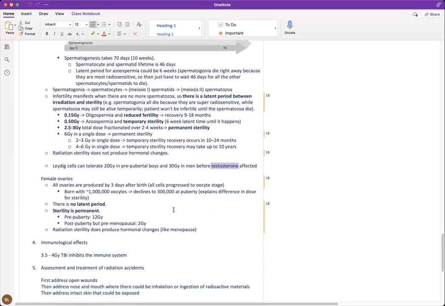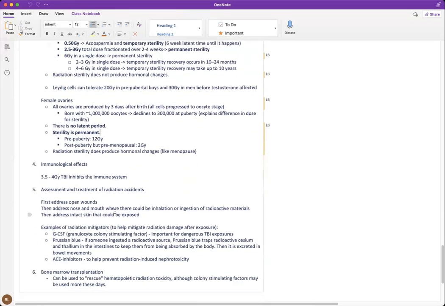Cool. Females, this is, I think, it in a nutshell. So all our ovaries are produced by 3 days of birth. All the cells have progressed to the oocyte stage. You're born with about 1 million oocytes, and then it declines to 300,000 by the time you reach puberty.